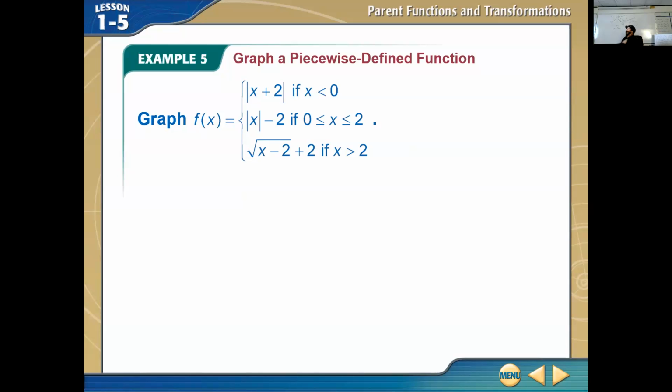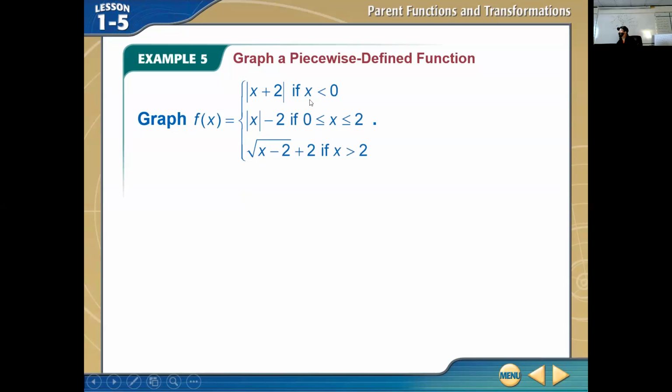And then when it's between 0 and a positive 2, we're going to be using the absolute value of x minus 2. Piecewise functions aren't very difficult. It's just we got to know where our domain is.